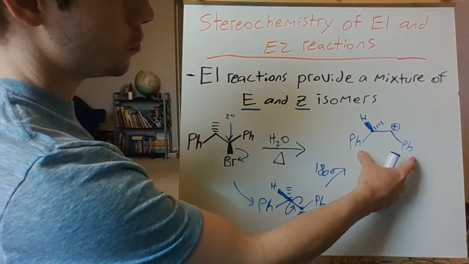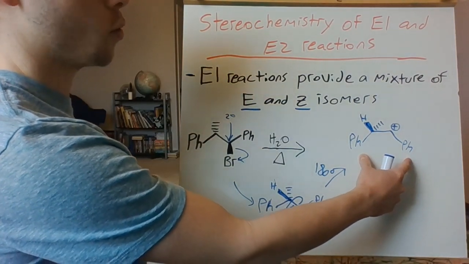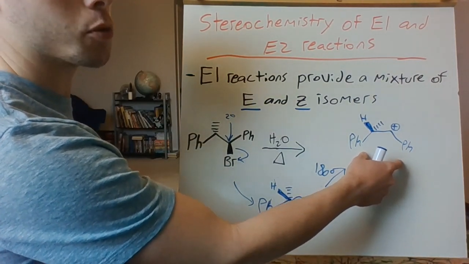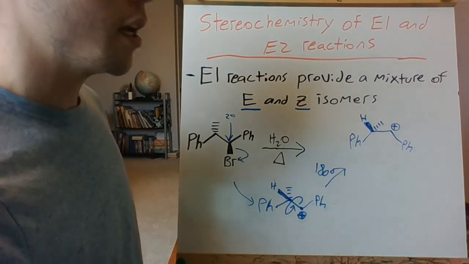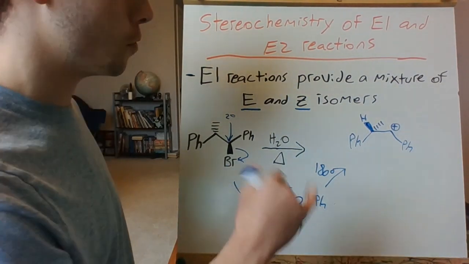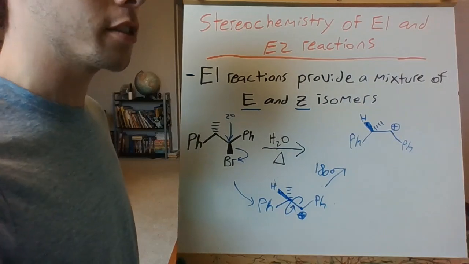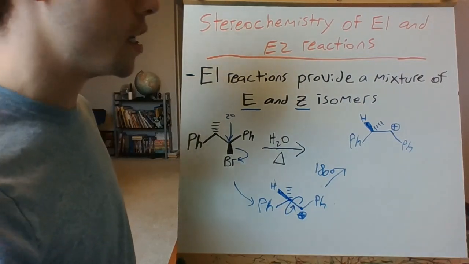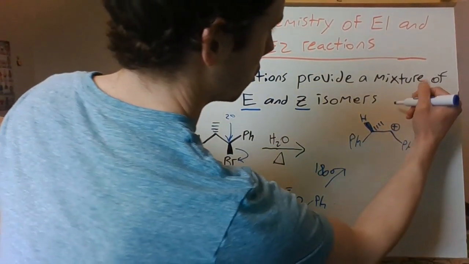Now notice that these two phenyl groups are on the same side, and so once we do our elimination, our phenyl groups will end up on the same side of the alkene. In the previous example I just drew, the phenyl groups were pointed in opposite directions, and so that's why we got the E-alkene product.